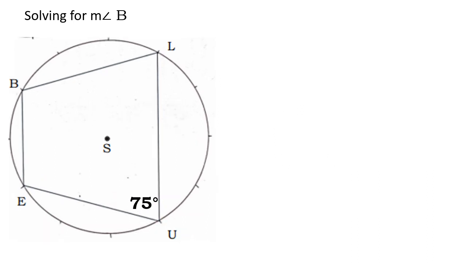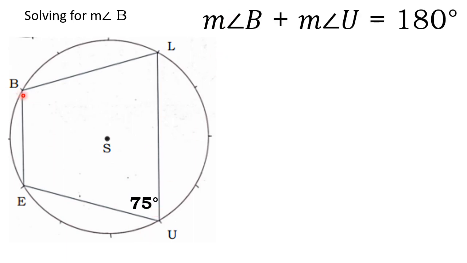Okay, next, let's solve for angle B. So if you have observed, we already solved angle U. Okay, we are going to apply the theorem number 4 that the opposite angles of a quadrilateral inscribed in a circle are supplementary. So therefore, angle B plus angle U is equal to 180 degrees.